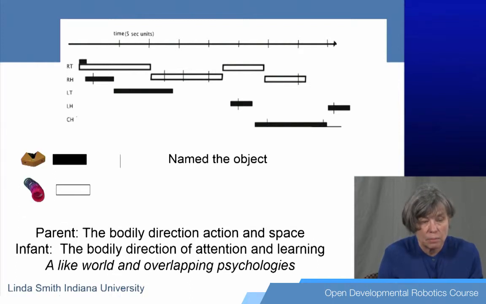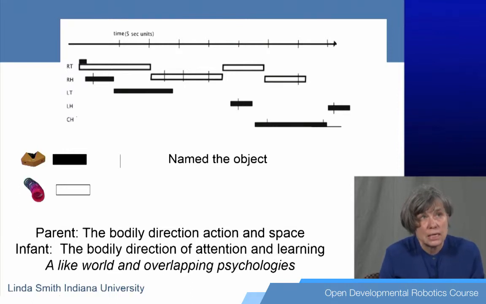The black shows the parent holding one object. They were to teach two object names. The white bars show they were holding another object. And on the side, it's whether the object was on the right side of the table, in the parent's right hand, on the left side of the table, in the parent's left hand, or in the child's hands.